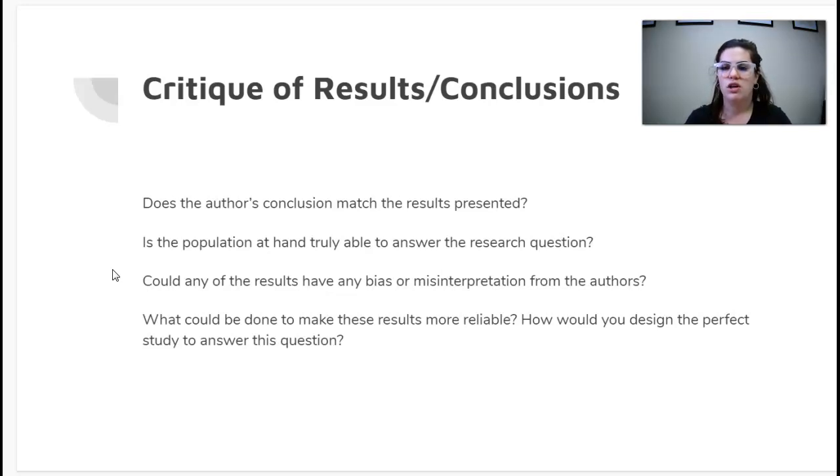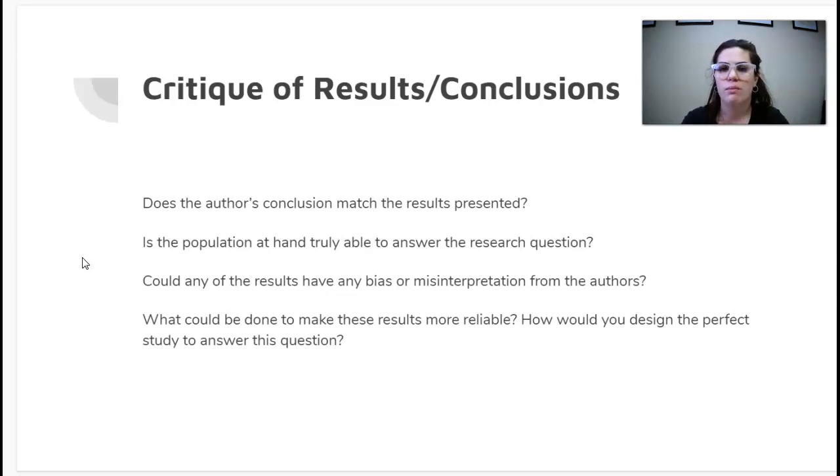So what you've done at the beginning of the assignment should help you to reveal some of the issues within that study that you can answer in these questions. So remember, the whole purpose of these assignments is to help you to critique research rather than just read it and understand kind of what's happening.